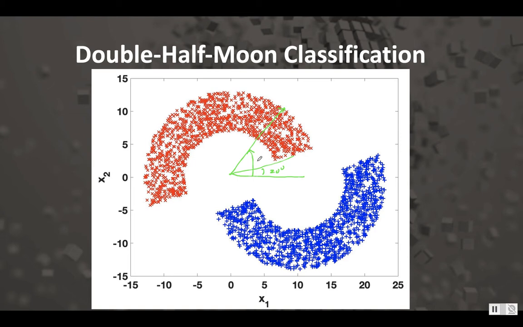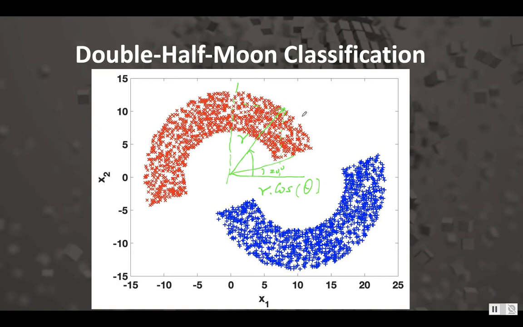The next thing is that we want to convert from polar coordinates to Cartesian coordinates. We know the angle, we know the radius, so we can find their coordinates on x1 and x2. On x1, it is r multiplied by cosine theta, for example, this is theta.